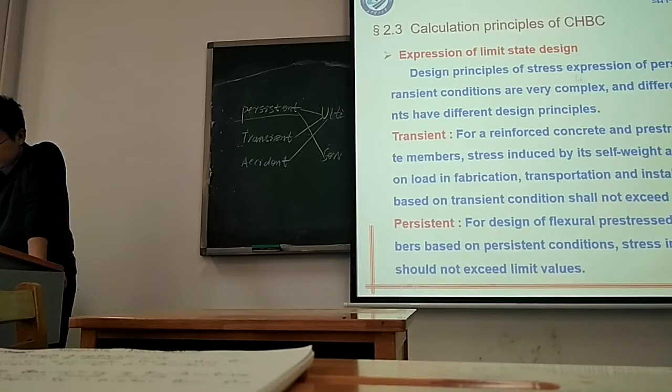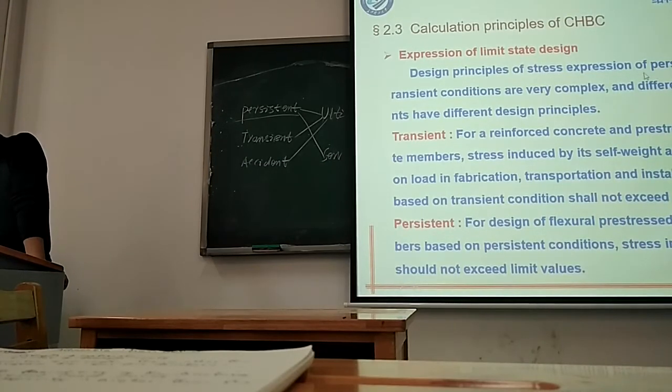The design principle of the stress expression for the persistent and the transient condition is very complex, and different components have different design principles. For the transient, for reinforced concrete and pre-stressed concrete members, stress induced by self-weight and construction load in the fabrication, transportation, and installation stage, based on the transient condition, should not exceed the limit.